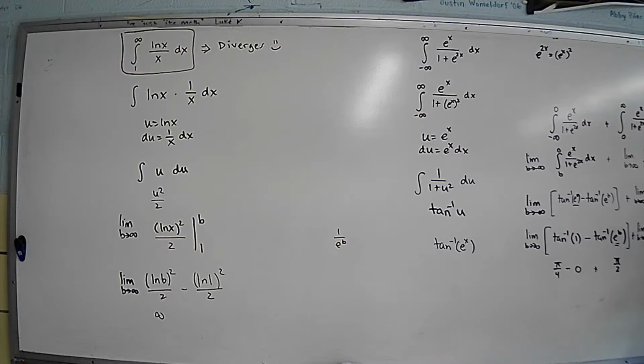And inverse tangent of 1, we already said was pi over 4. So those pi over 4s cancel out, and we're just left with pi over 2, so this is the convergence.